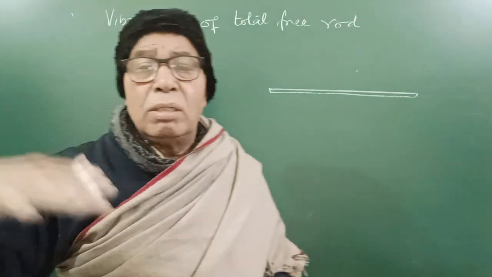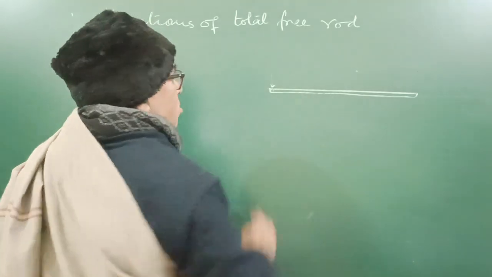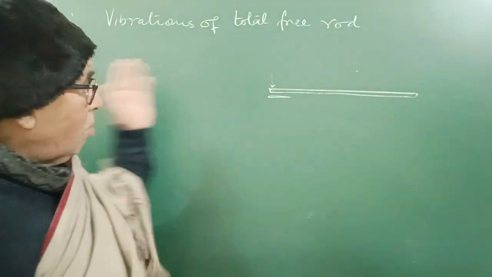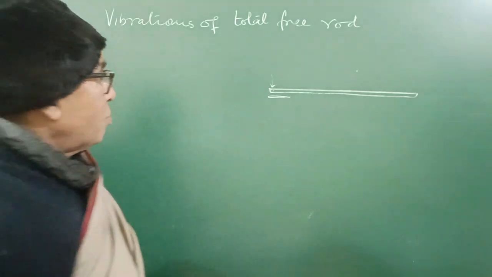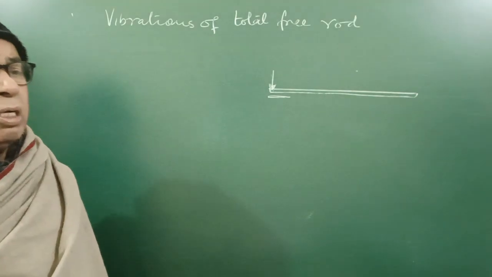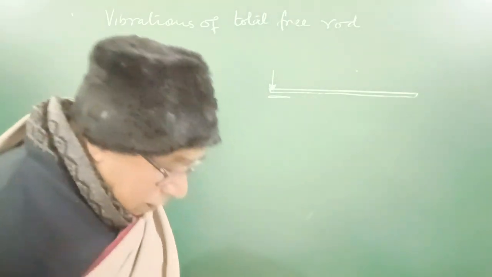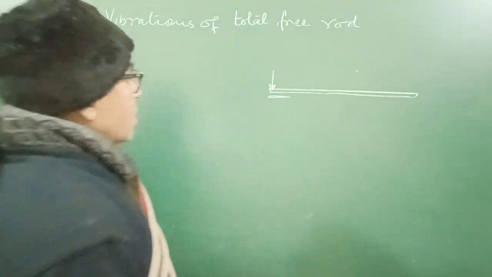This rod is floating in the satellite, and you strike it here, or you rub it along the length to produce longitudinal wave. If you strike at one end gently, then it will produce transverse wave. Both can be produced here. I have told you that transverse wave can travel through solid only, while longitudinal wave can travel through all states of matter.